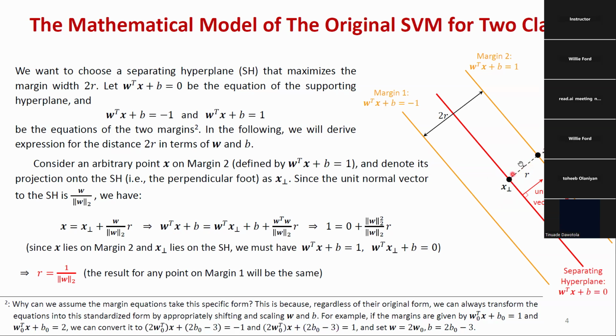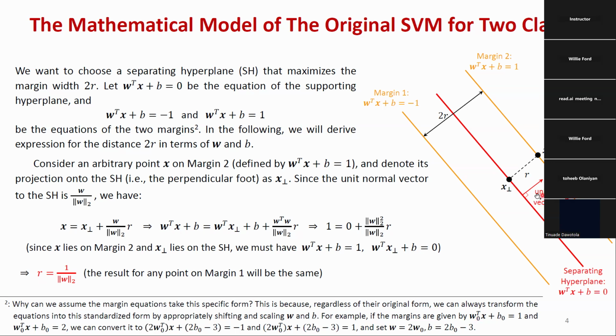Okay, so I can write x equals x_per plus something, so I need to define this direction. Remember that this direction is the norm vector, the normal direction of this separating hyperplane.